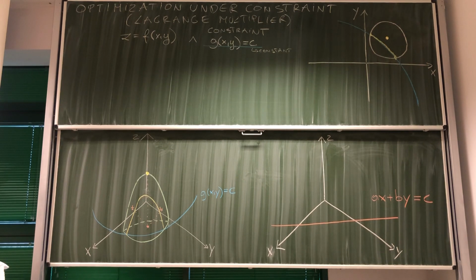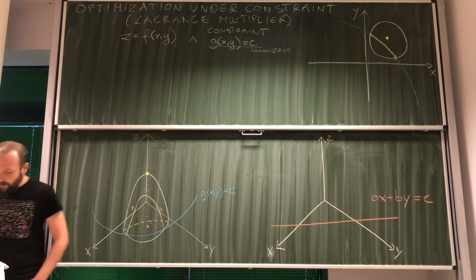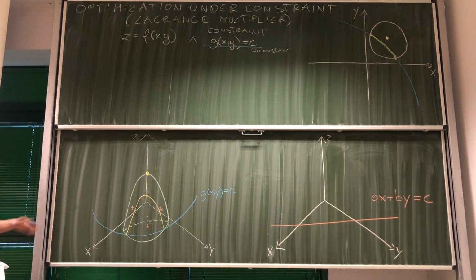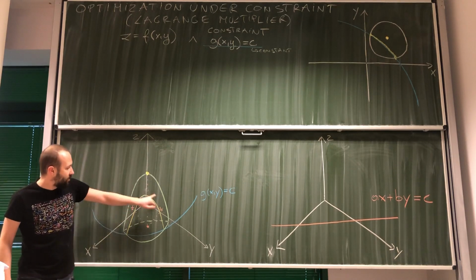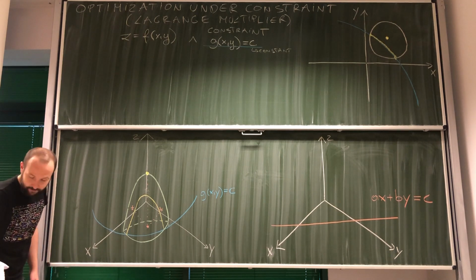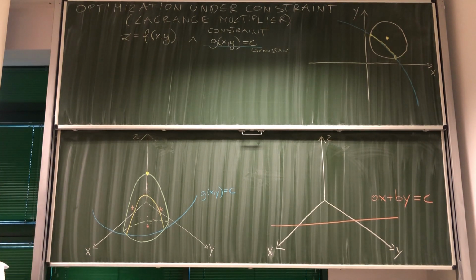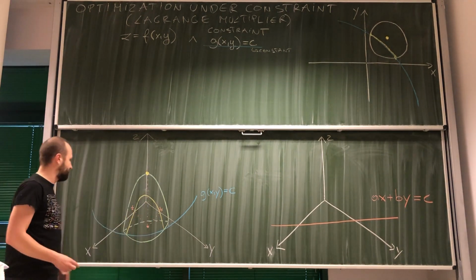And so what do we need to do right now? Our goal is to find the top of this thin slice. How will we do it? Actually, we can do it exactly the same way as we did it in the case of unconstrained optimization.